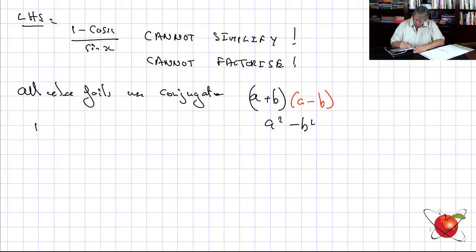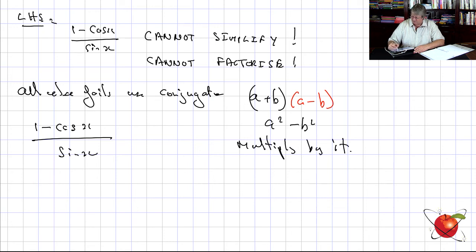I say 1 minus cos x over sine x. So I use the conjugate and we multiply by it. What is the conjugate?